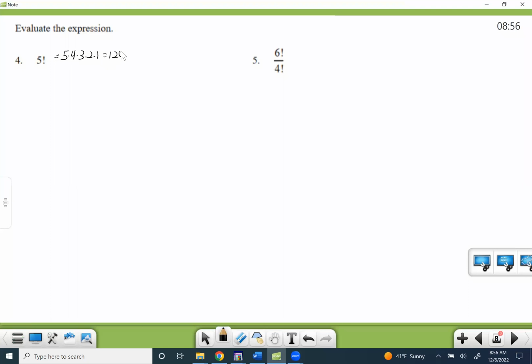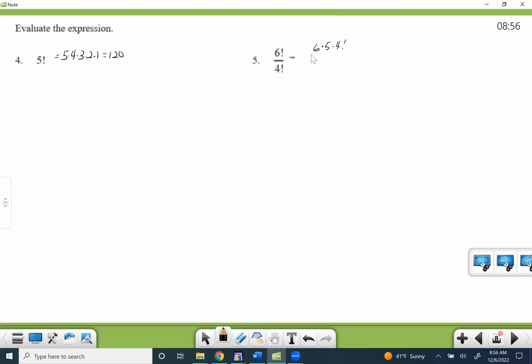Okay. If you're doing them by hand, I know you guys have calculators, so this might be old fashioned to even go here, but we're going to get more abstract in a second, where I think we need to do this. So 6 factorial could be written as 6 times 5 times 4 times 3 times 2 times 1, but I'm going to write it as 6 times 5 times 4 factorial, and I'm going to stop.